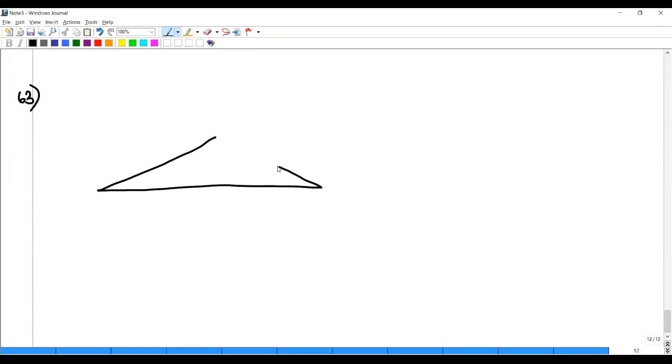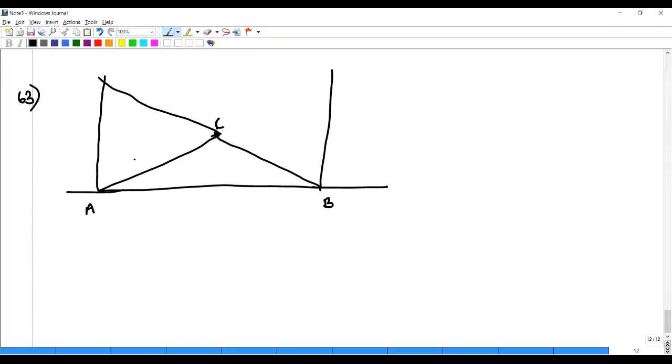Angle C is an obtuse angle and the angular bisectors, these are the external angular bisectors you assume, meet AC and BC extending at respectively D and E. So let it be D. This will be in such a manner that AB is equal to AD is equal to BE, which means this angle and this angle are equal. This angle and this angle is also equal.